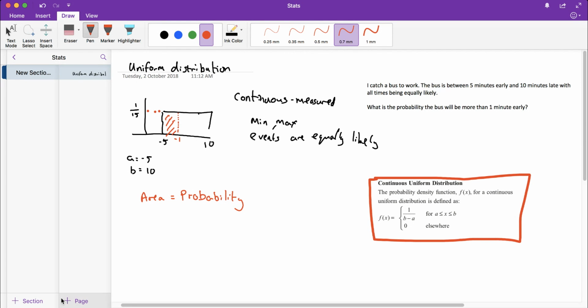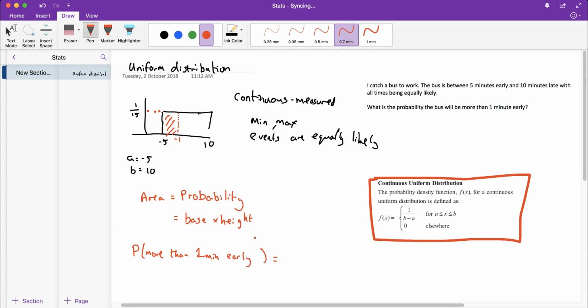So the area of a rectangle is base times height. I've worked out the height, it's 1/15. So when I come to work out the probability of more than 1 minute early, I need to do base times height.